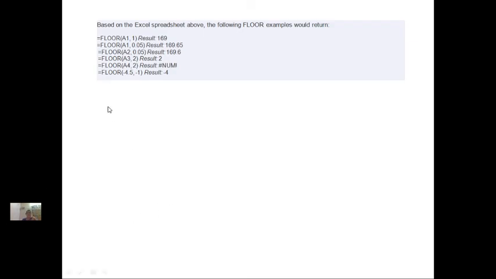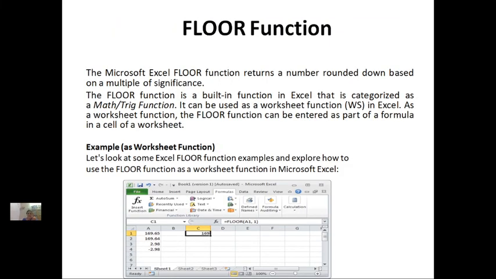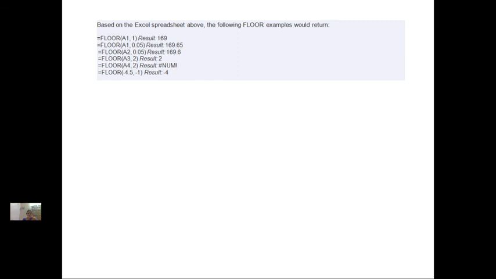In this slide he is showing different examples of floor functions. FLOOR A1 comma 1, result is 169. FLOOR A1 comma 0.05, result is 169.65. FLOOR A2 comma 0.05, result 169.6. FLOOR of A3 comma 2, A3 value is 2.98, comma 2, then the result output is 2.